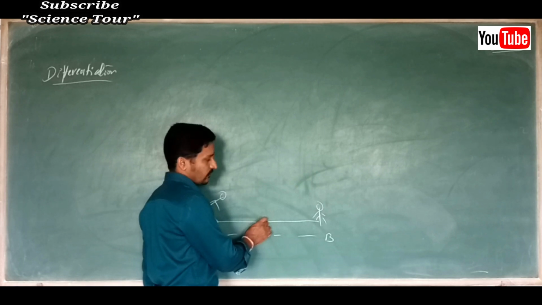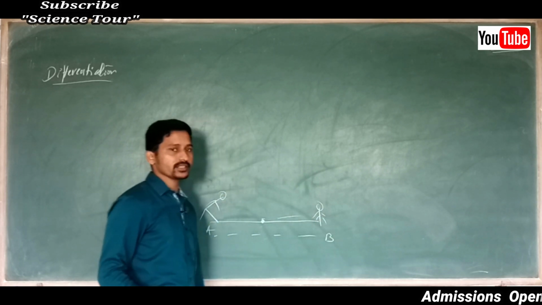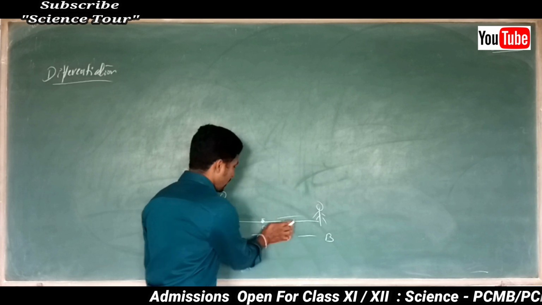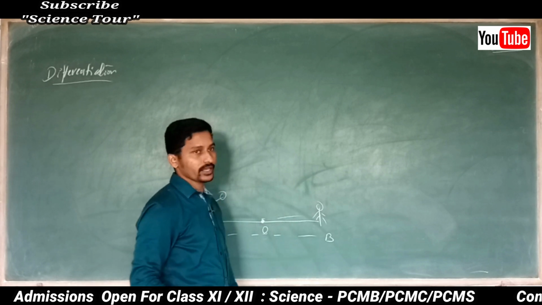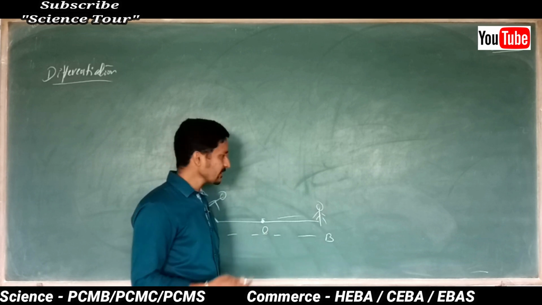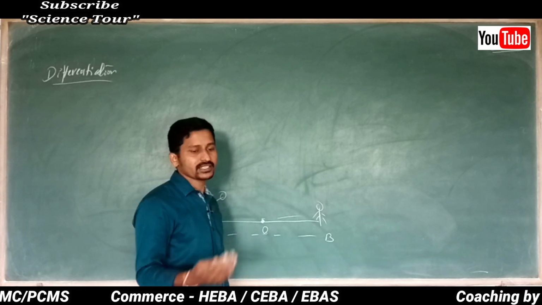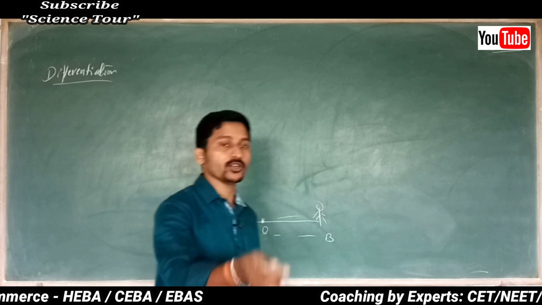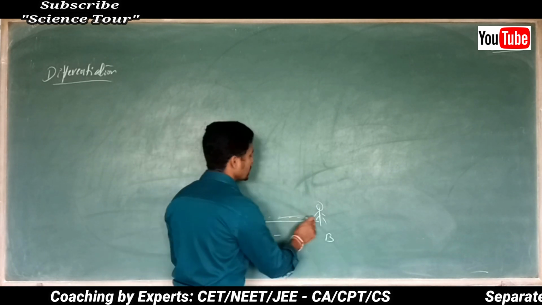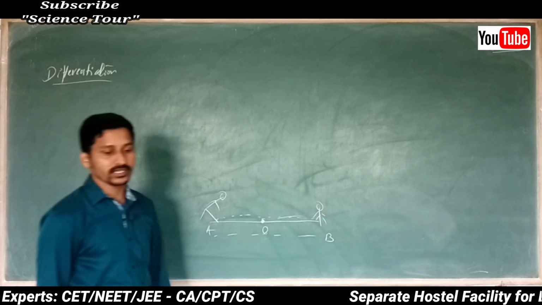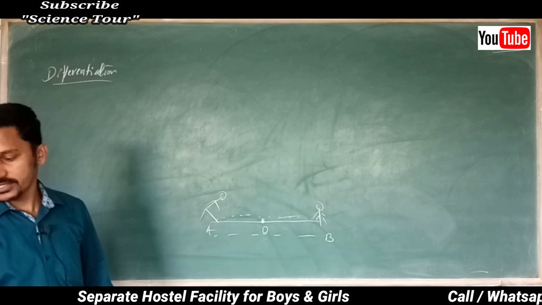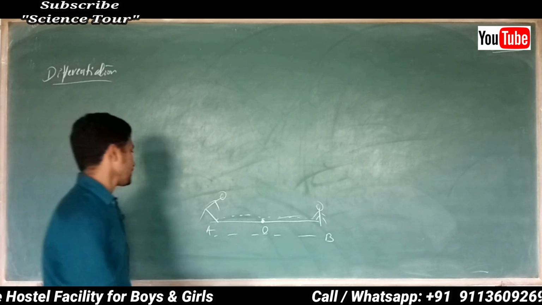Now when he reaches this point O, at that instant, what was the velocity? Can you find it out practically? No, practically we can't, because for that the whole process of A to B is needed and necessary.